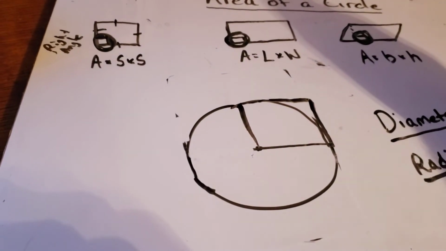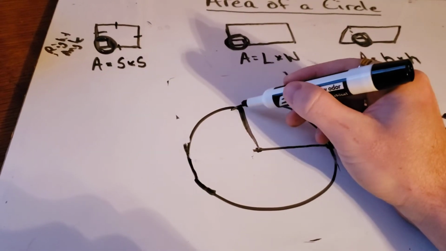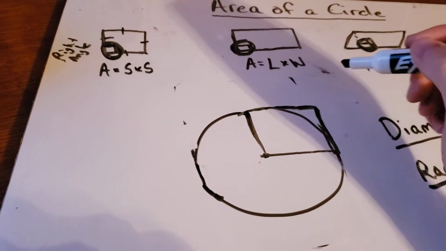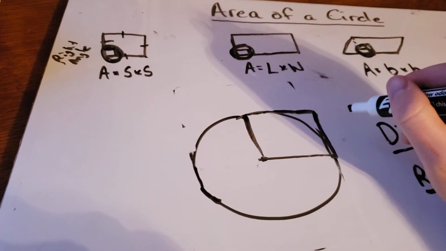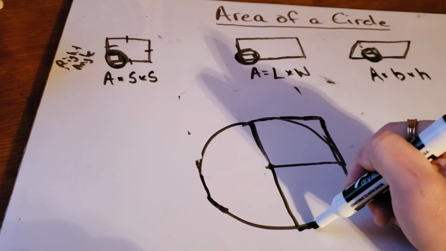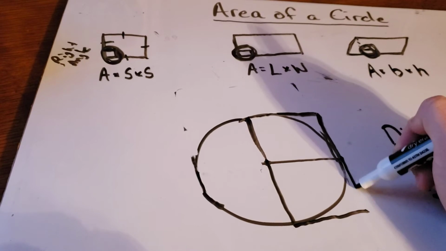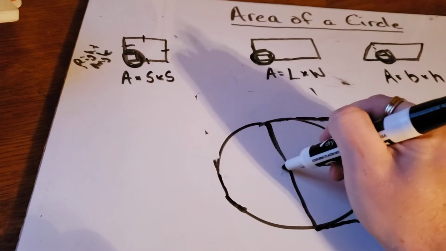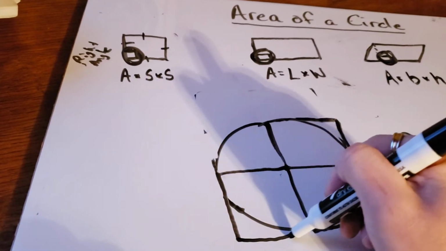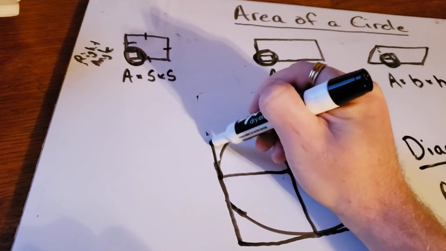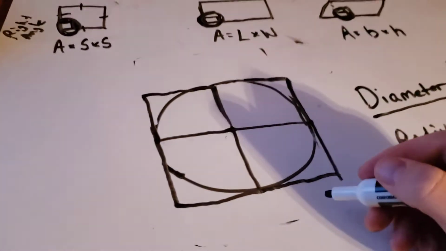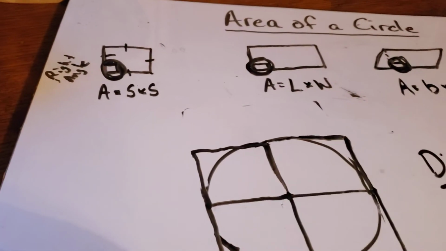How many of those squares, how many of this size square is it going to take to cover that circle? So we got 1, 2, 3, and 4. So we just created squares using our radius.